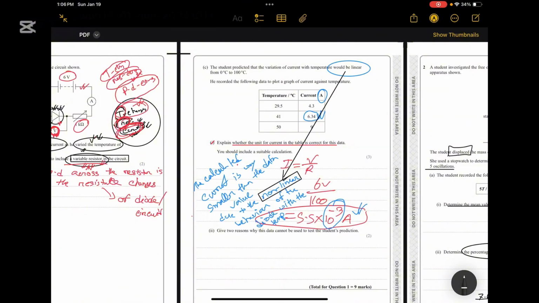The student predicted that the variation of current with temperature would be linear. But as our current value is way smaller than the current values in the data, we can say the calculated current is way smaller than the data value due to the non-linear behavior of the diode with the temperature.